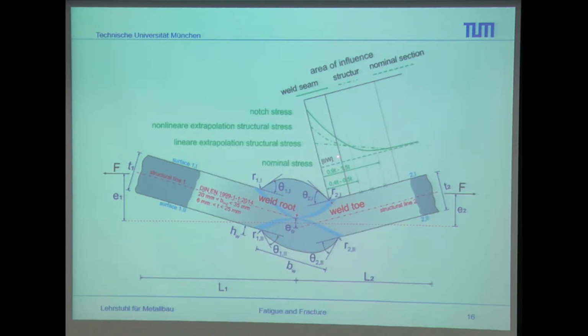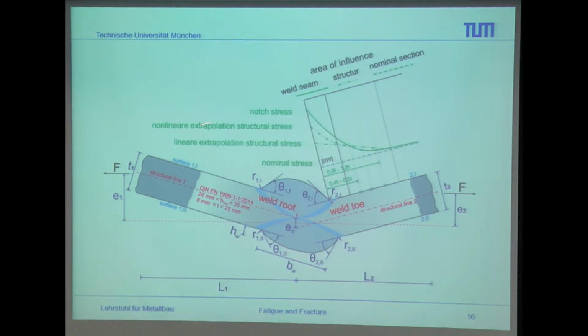Our nominal stress concept, as we have done until now, is something like a constant stress value, so sigma nominal is F over A. But due to the imperfection at this level, we can also measure some stresses which have an effect on our fatigue life, decreasing the fatigue life, increasing the stress range.